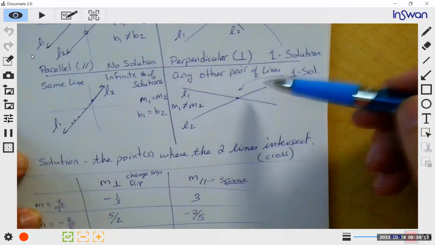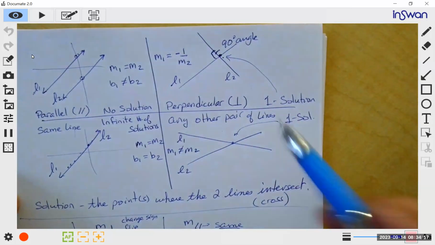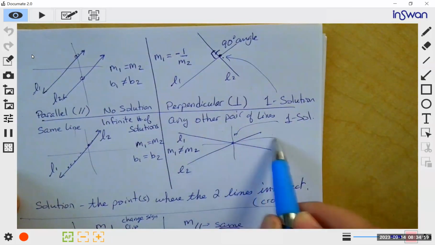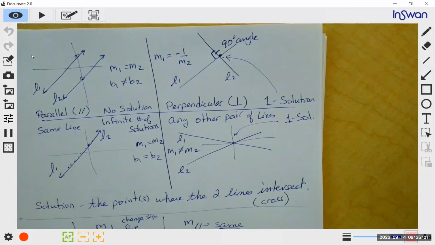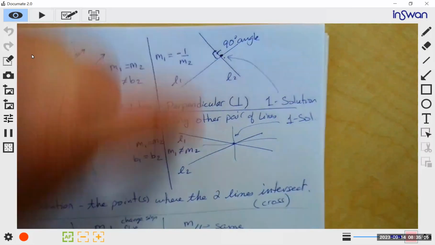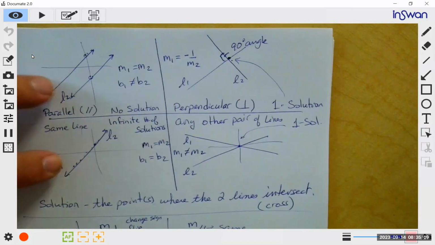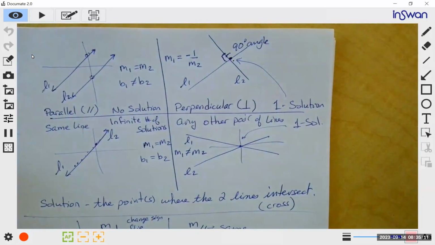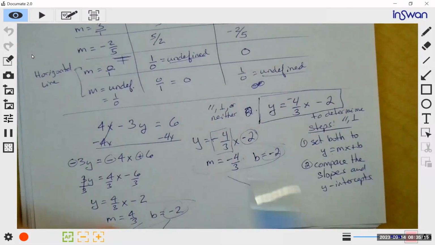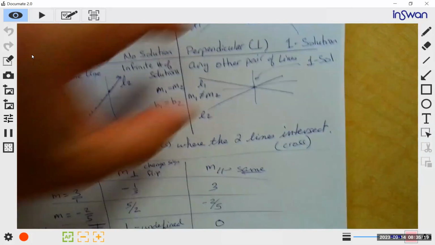We don't talk about the y-intercept because they can cross at the y-intercept. If the slopes are different, then they're going to be one of these two. If the slopes are the same, they're going to be one of these two. So the slopes are different. We know they can't be parallel or the same. They have to be one of these. Let's do another one.